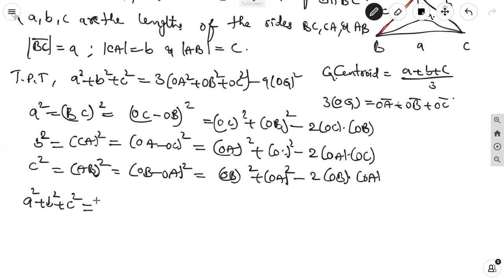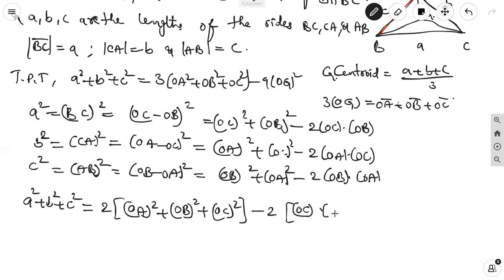Here all are different, so we can write it as 2 into (OA square plus OB square plus OC square) minus 2 into (OC into OB plus OA into OC plus OB into OA). Let this be equation 1.